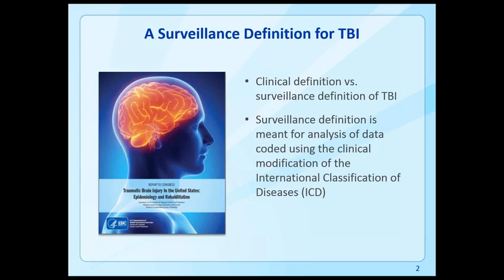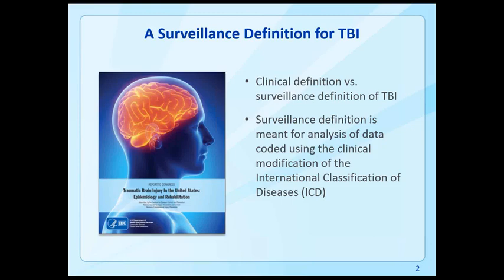Clinical definitions are used when physicians diagnose a patient with a particular condition, and so clearly they're going to be observing the patient and noting a lot of different things before making their diagnosis. What we're going to be talking about today is what's considered a surveillance definition, and a surveillance definition is typically one that's used by epidemiologists and researchers, so it's a little bit different environment.